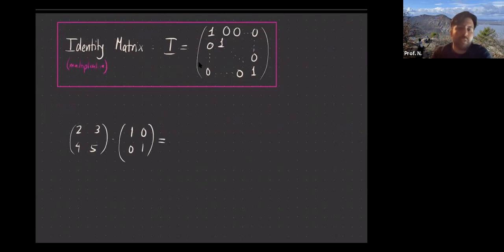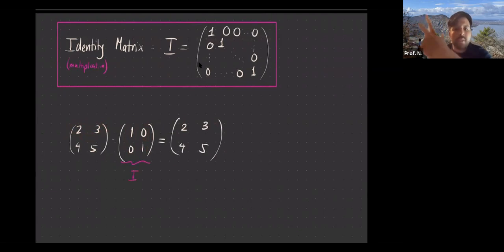I should get back 2, 3, 4, 5. The way we defined multiplication: first row, first column, 2 times 1 plus 3 times 0 gives me 2. Then first row, second column, 2 times 0 is 0 plus 3 times 1 is 3. Do you see how I get the same thing? So this indeed is the correct identity matrix.